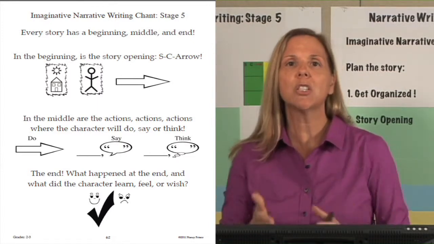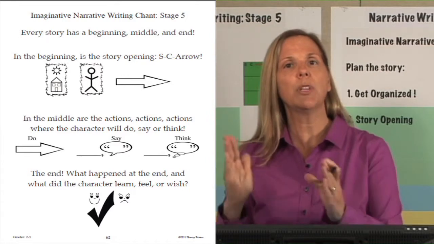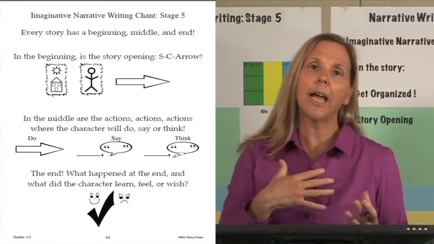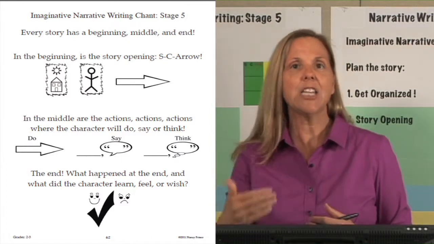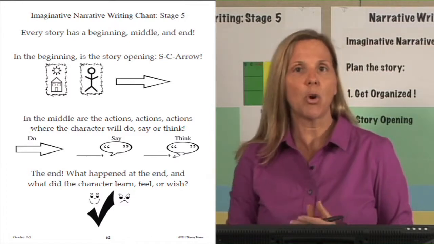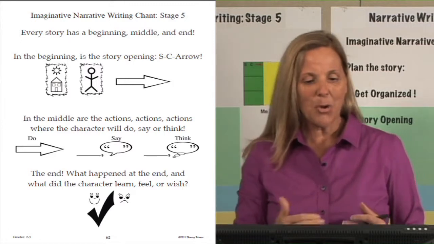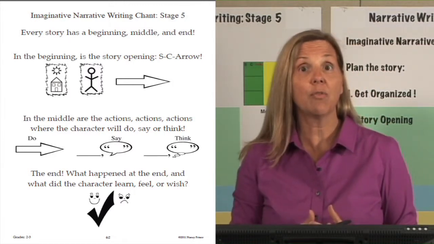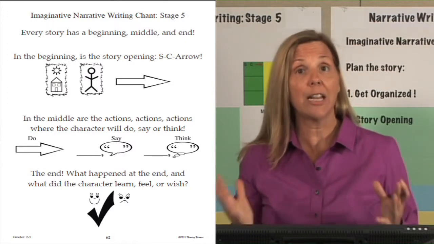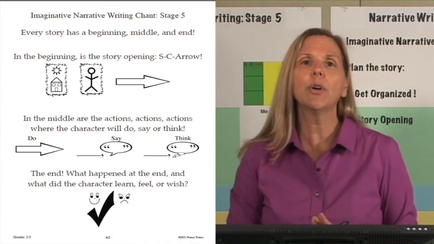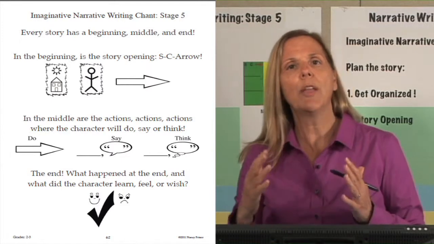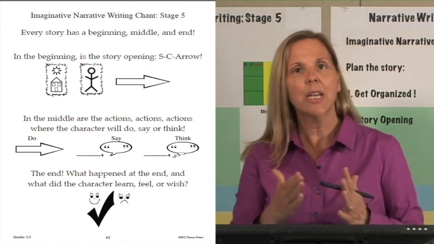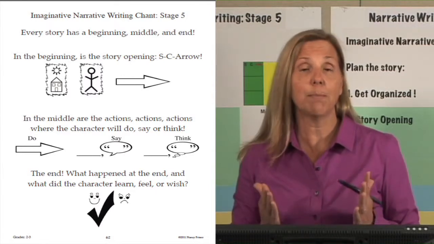Stage 5 moves us to a longer story with a beginning, middle, and end, and sequencing actions, thoughts, dialogue in each beginning, middle, and end part of the story. Along with that purpose of stage 5, we're also going to look at whether a story will be 1 paragraph or 3 paragraphs, depending on how long it ends up becoming.